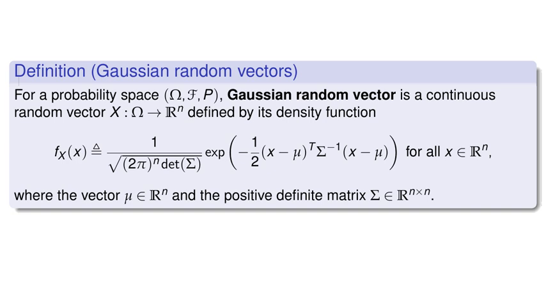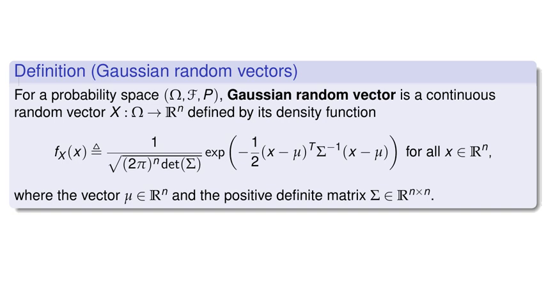Now let's formally define Gaussian random vectors. A Gaussian random vector is a continuous random vector X mapping omega to R^n, characterized by its probability density function f sub X of x.